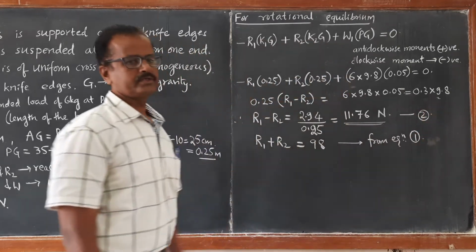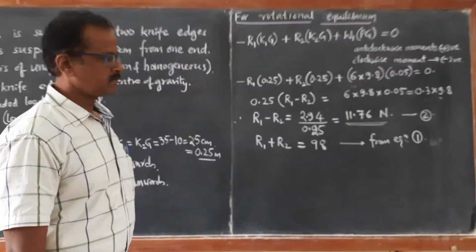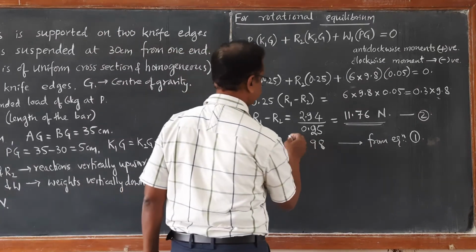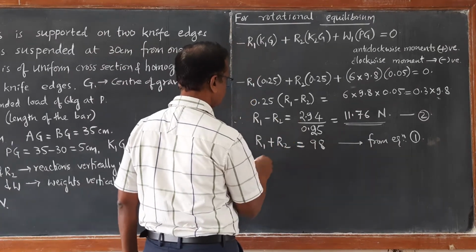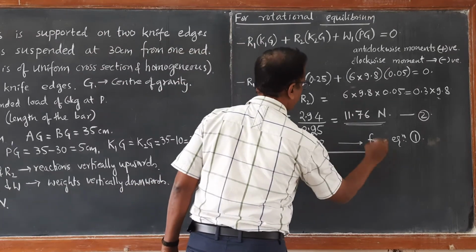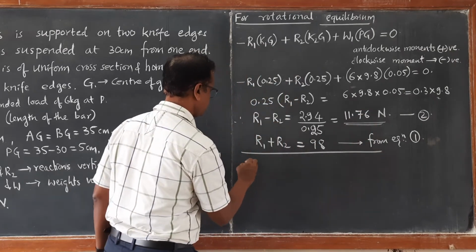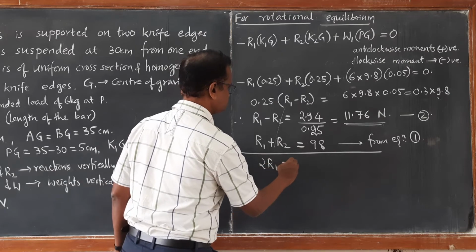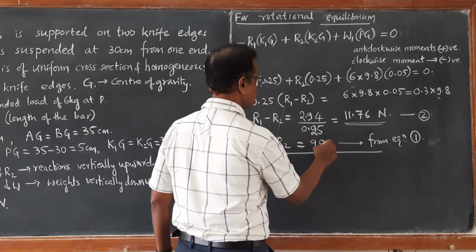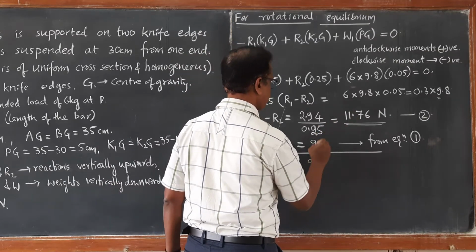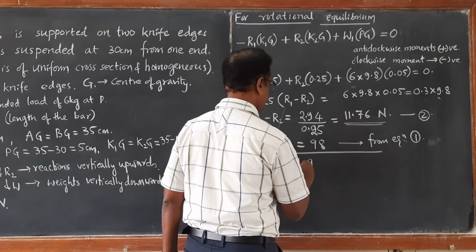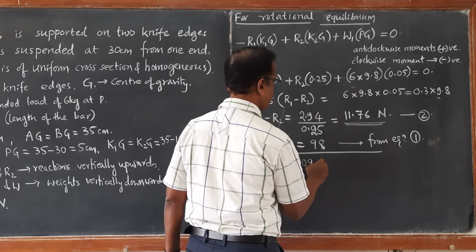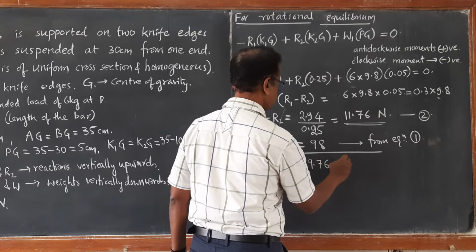Solving equation 1 and 2 simultaneously, if you add them, R2 cancels. Adding these, R2 cancels. Therefore, you are left with 2R1 equal to, add this, 8 plus 1, 9, 9 plus 1, 10, 109.76 Newton.